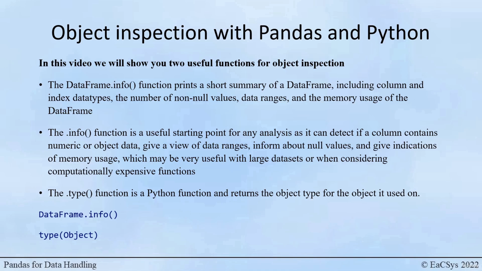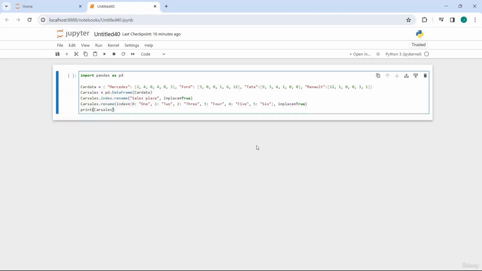So right now, we're going to type some code, so start up your code editors. Alright, having started our Jupyter Labs notebooks, we are now going to type some code. We will begin with our standard car sales data frame.